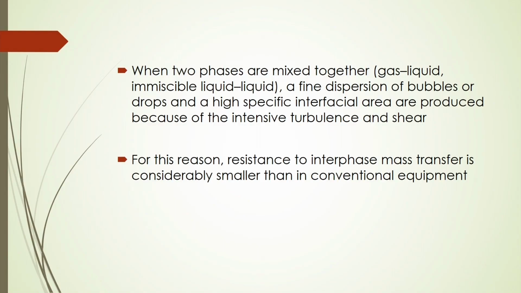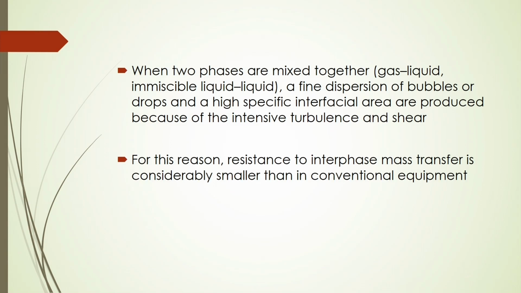Now, when two phases are mixed together, like gas liquid or immiscible liquid, in that case a fine dispersion of the bubbles or drops in case of liquid phases and a high specific interfacial area can be produced because of the intense turbulence that is created by the mixing elements inside the static mixer.